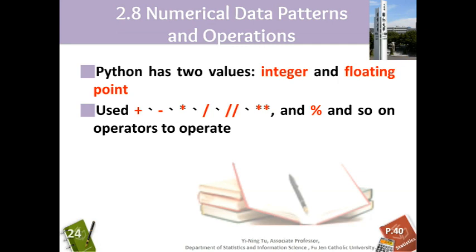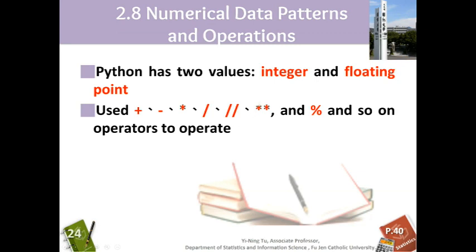Actually, if we use the division, only one slash, it will equal 3.3333 unlimited. But when you use the integer division, we just get the integer part. We ignore the floating part after the period.